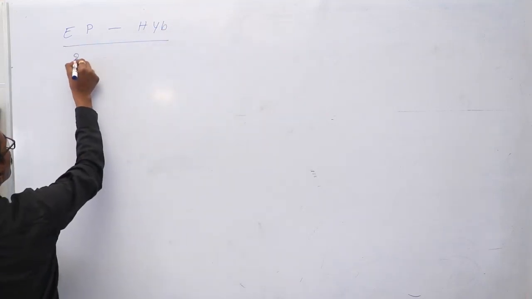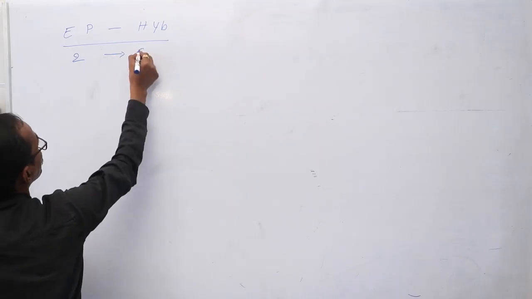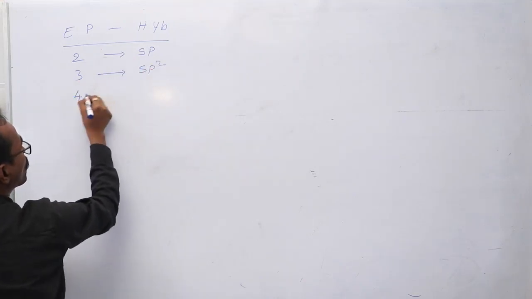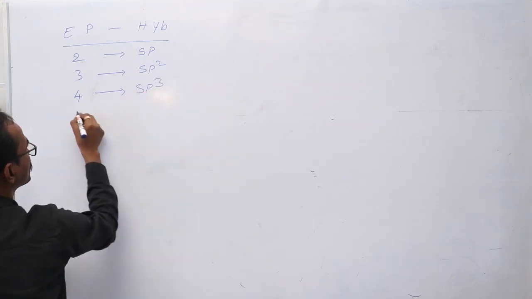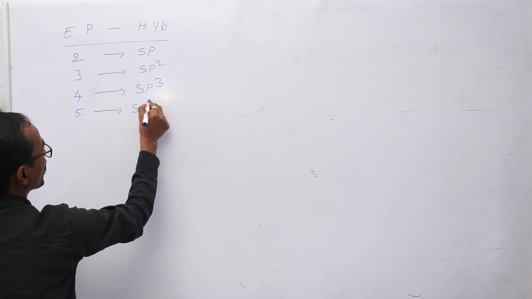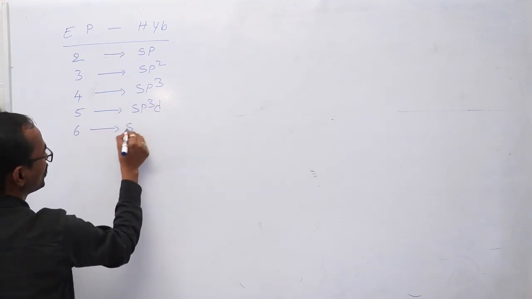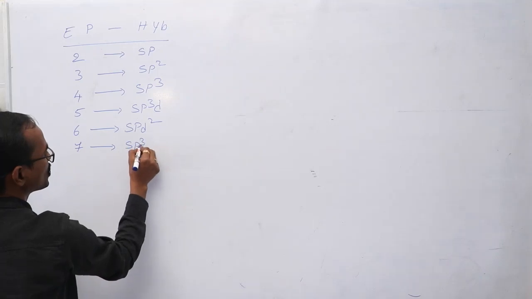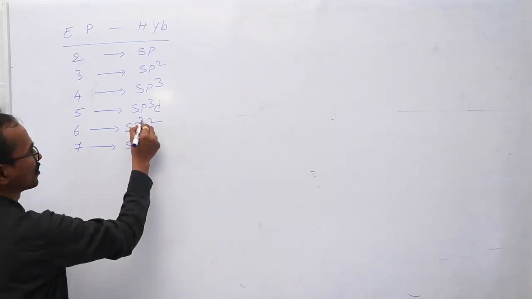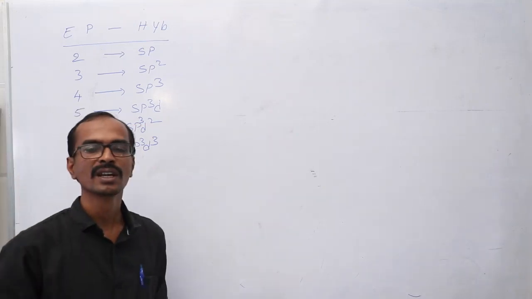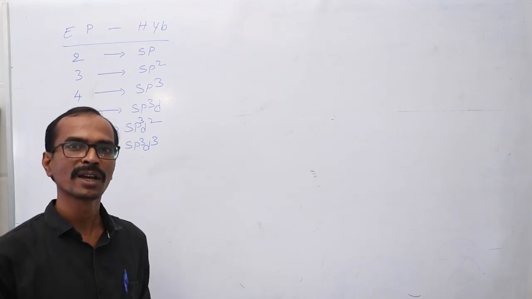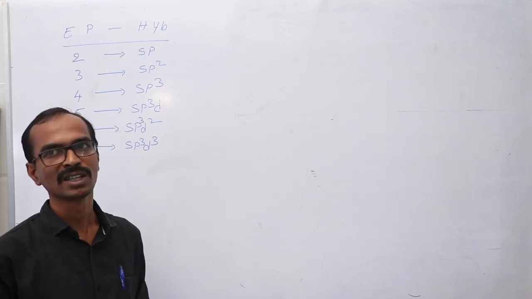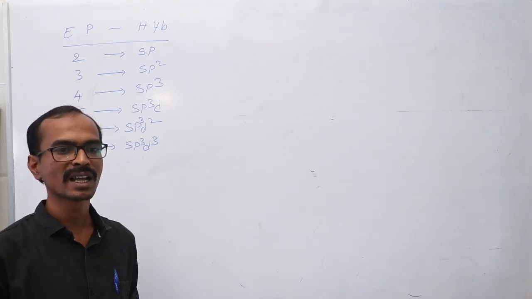If the electron pair number of a central atom is 2, that is sp hybridized; 3, sp2; 4, sp3; 5, sp3d; 6, sp3d2; 7, sp3d3. So you have to remember these values.